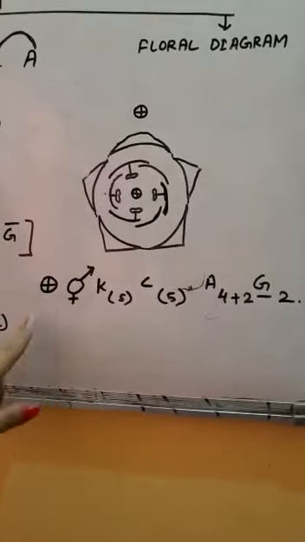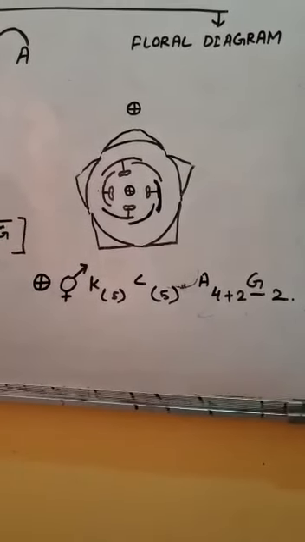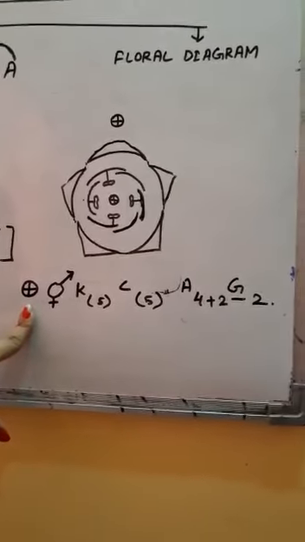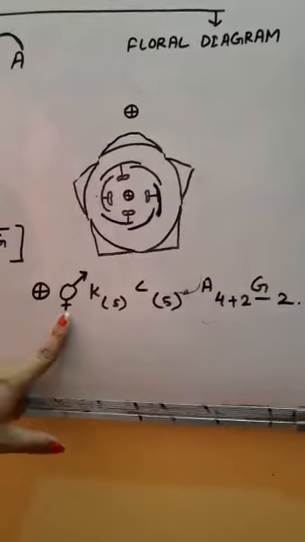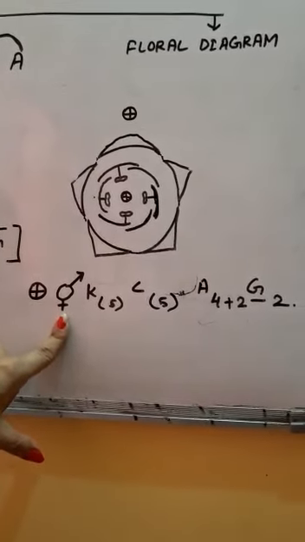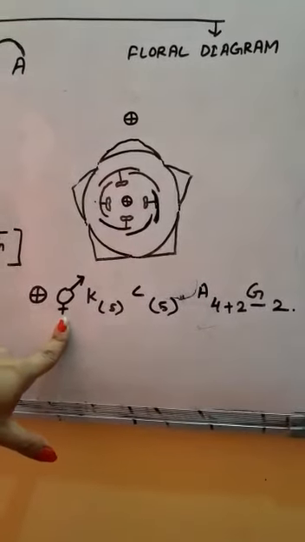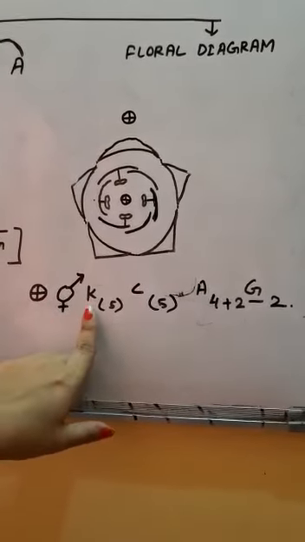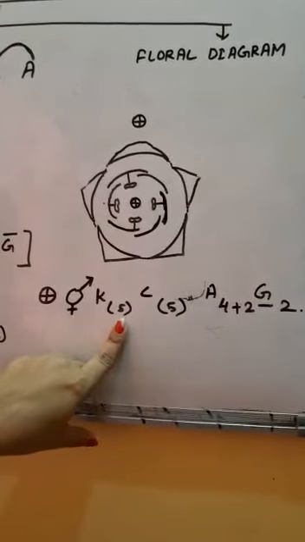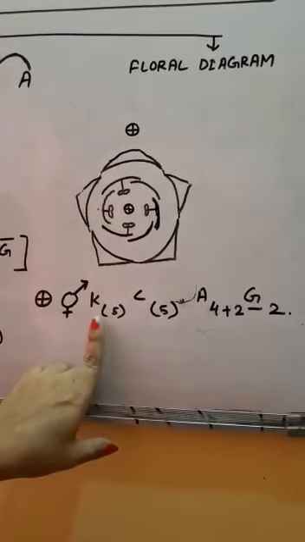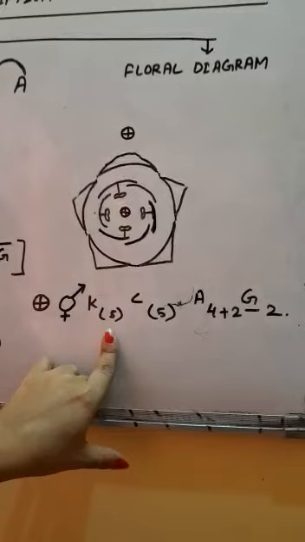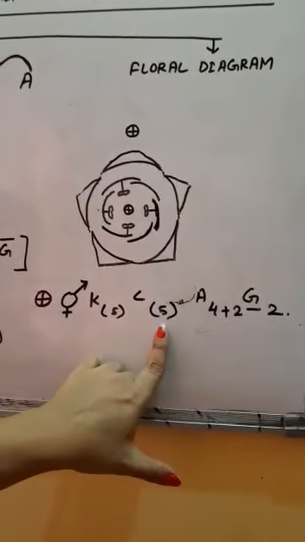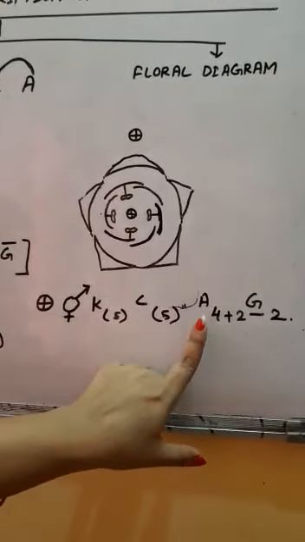This symbol says the flower is actinomorphic, means circular flower which can be cut into two equal halves from more than a single plane. This tells the flower is bisexual, having both androecium and gynoecium, both male and female parts. K(5), 5 within a bracket, indicates that sepals are united. C(5), again corolla are 5 in number and all are united.